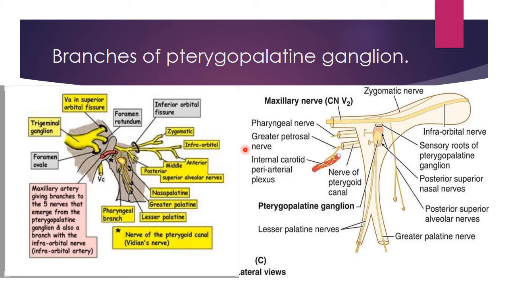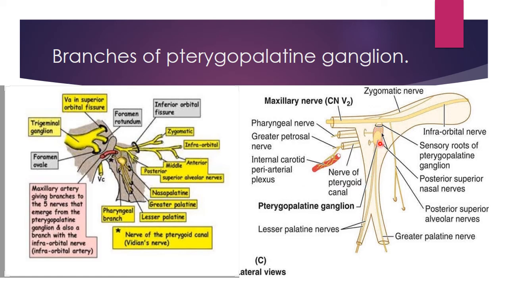So these are the branches which arise from the pterygopalatine ganglion: nasal branches, greater and lesser palatine nerves, pharyngeal branch, and this one is the nerve of the pterygoid canal, and we can see the ganglion is suspended through the maxillary nerve, and then the branches of the maxillary nerve.